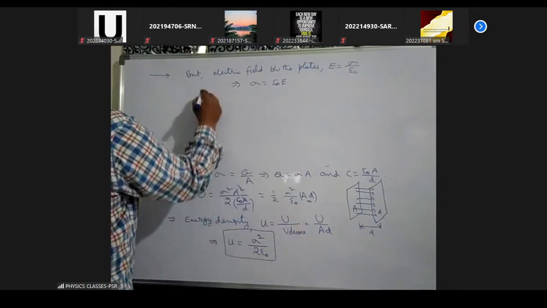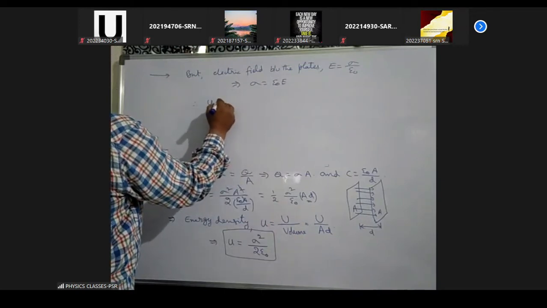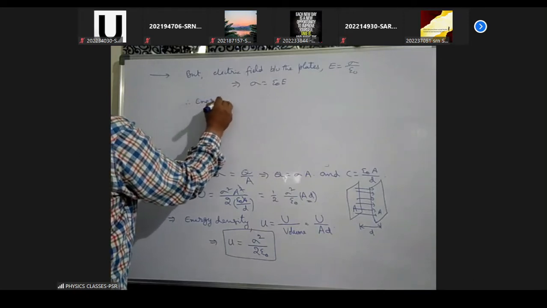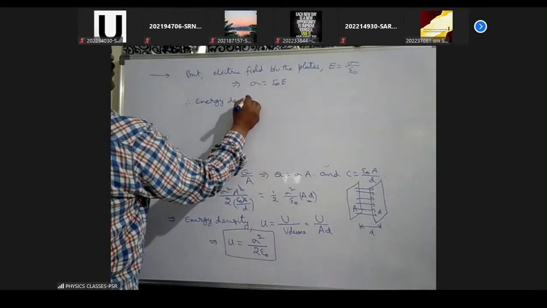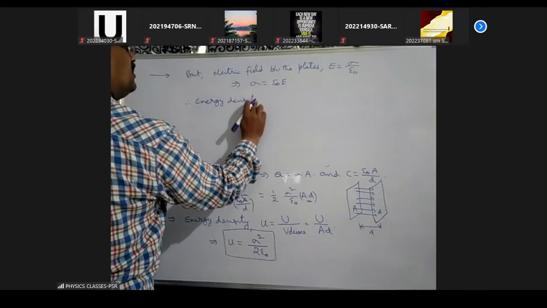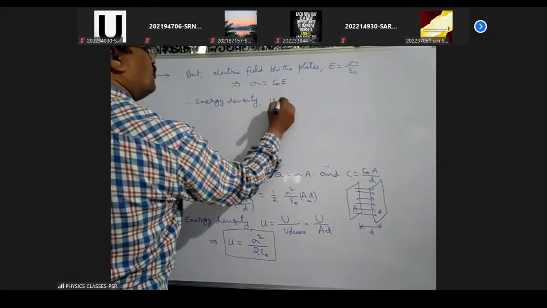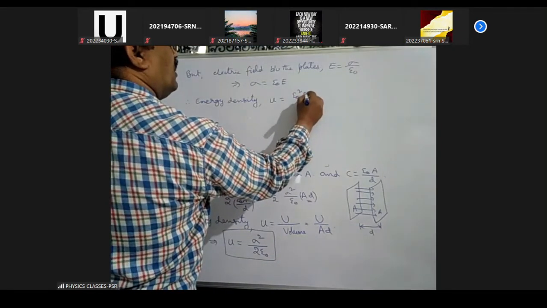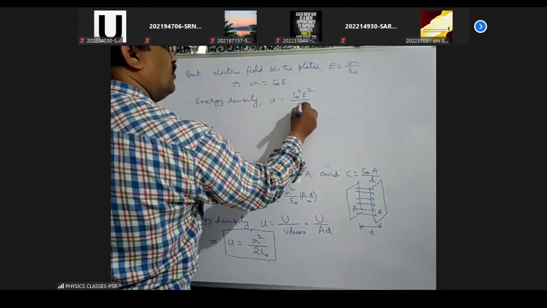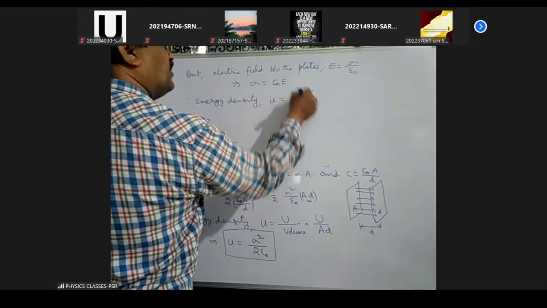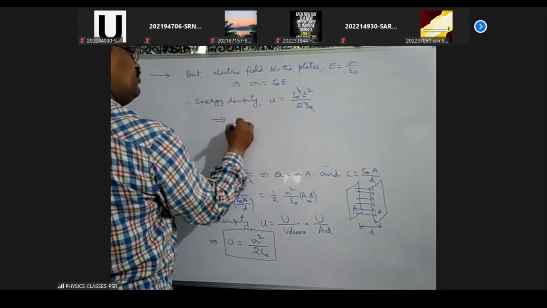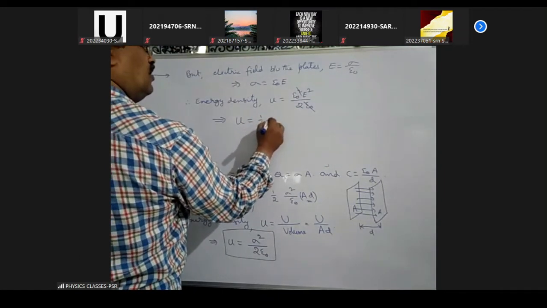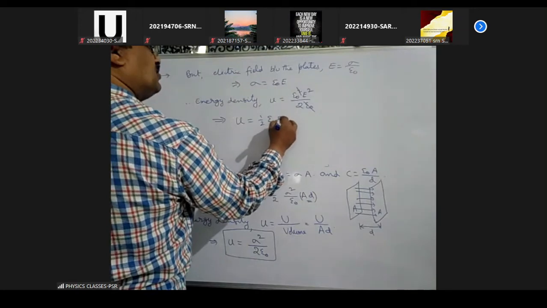Therefore, energy density small u is equal to, according to this formula, epsilon naught squared E squared by 2 epsilon naught. So this epsilon naught gets cancelled, and energy density u is equal to half epsilon naught E square.